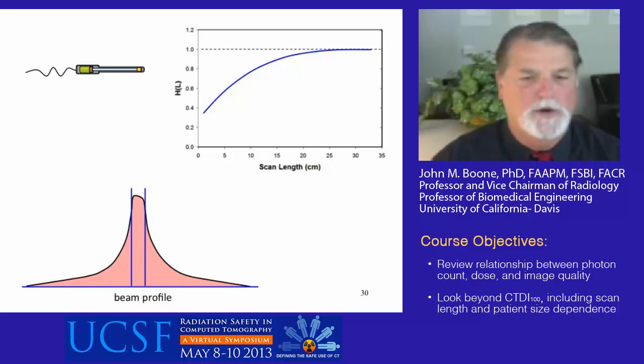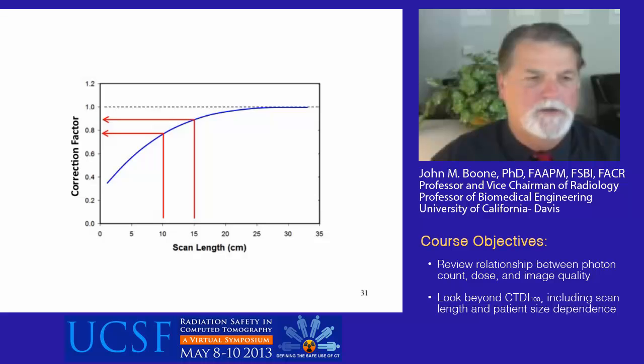And so from this curve, now seen on slide 31, we can generate different correction factors depending upon the scan length that was actually used on a given patient. These are not the correction factors per se, but this data can be used for generating correction factors.